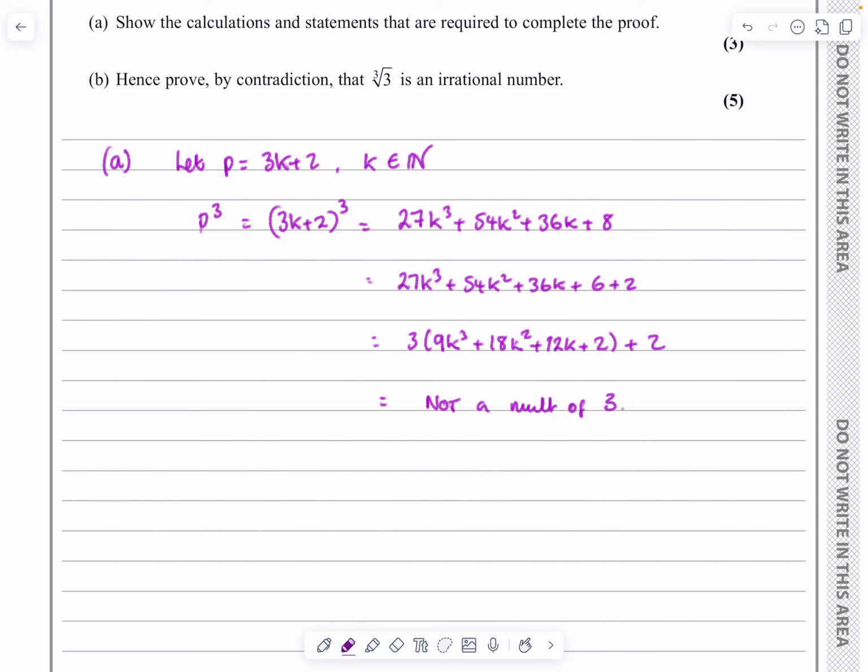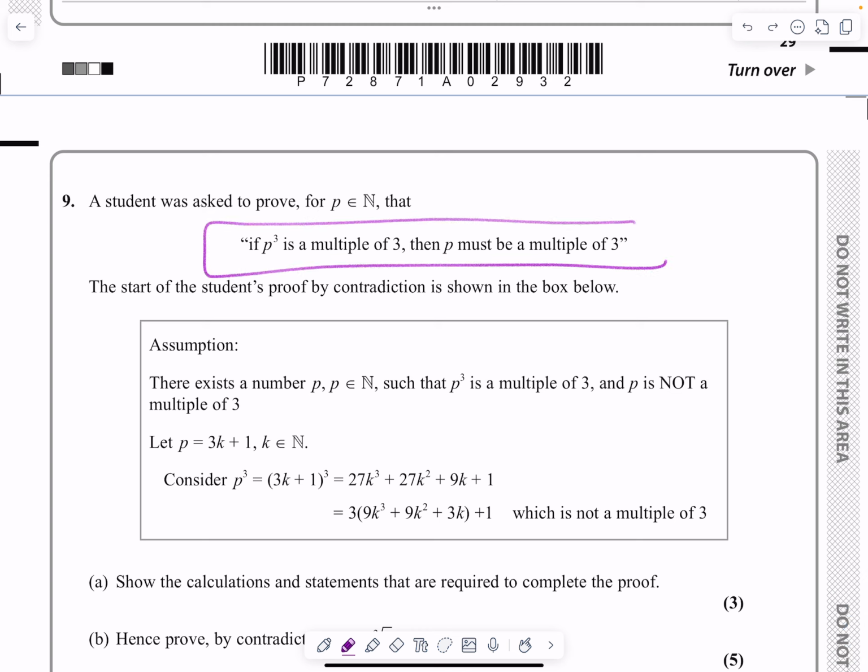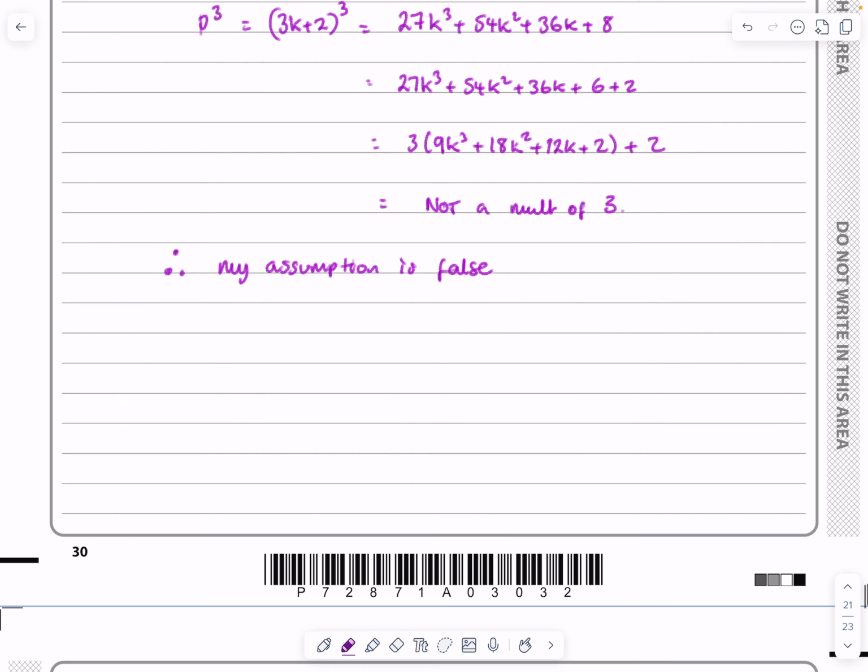So what this now shows, with those two bits together, is that the assumption is false. So I can now say, therefore, my assumption is false. Remember, my assumption was that bit there. And if the assumption is false, then that bit is true. I tend to copy that out pretty much word for word.